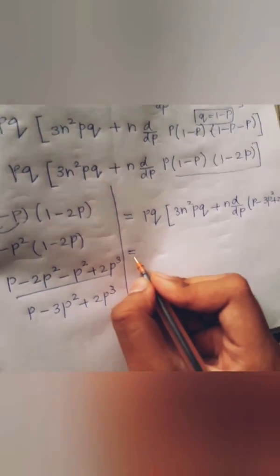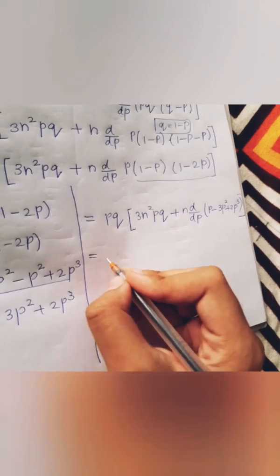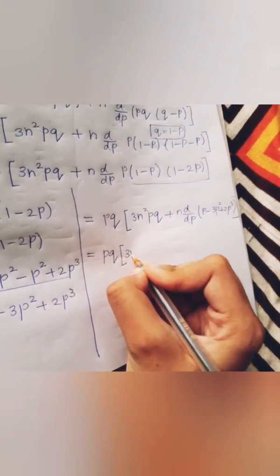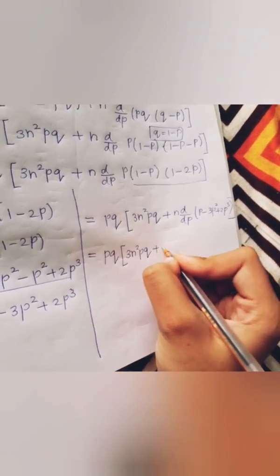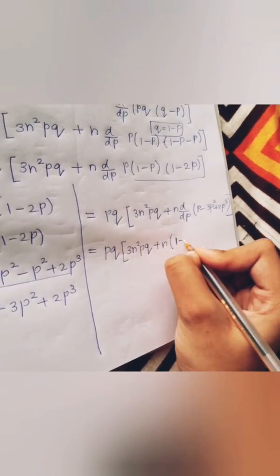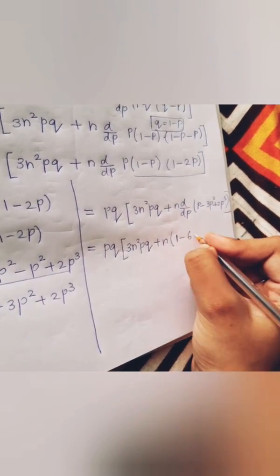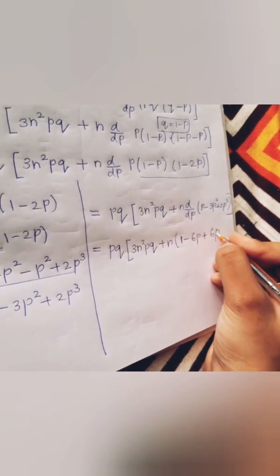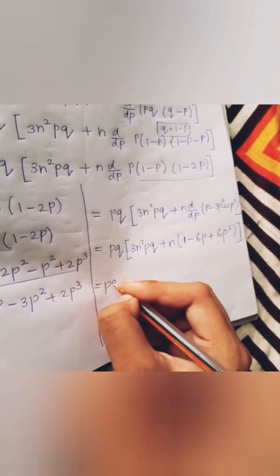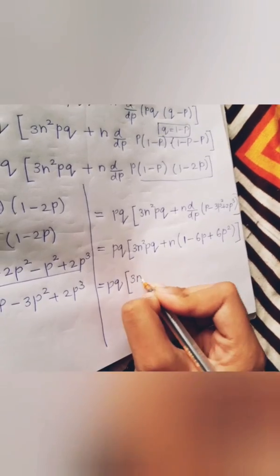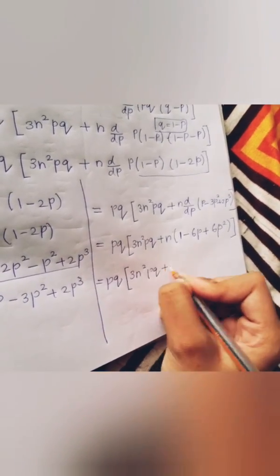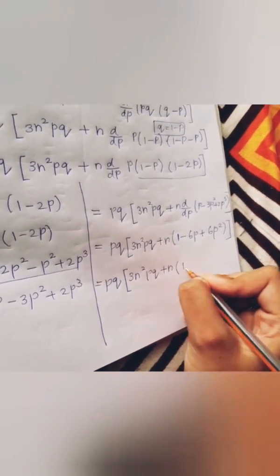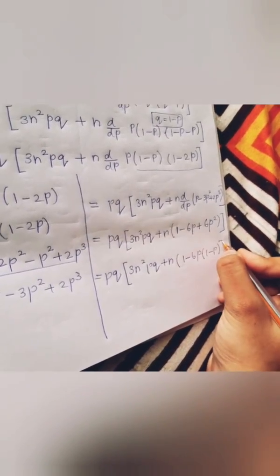Next, we are just differentiating with respect to p: 3n squared pq plus n into 1 minus, the power term comes in front, 6p plus 6p square. Now pq into 3n squared pq plus n into 1 minus 6p into 1 minus p. Just we are taking it as common.